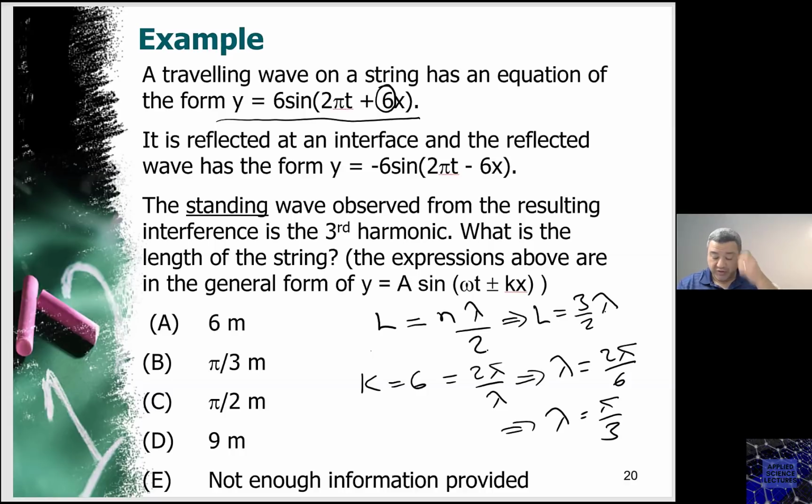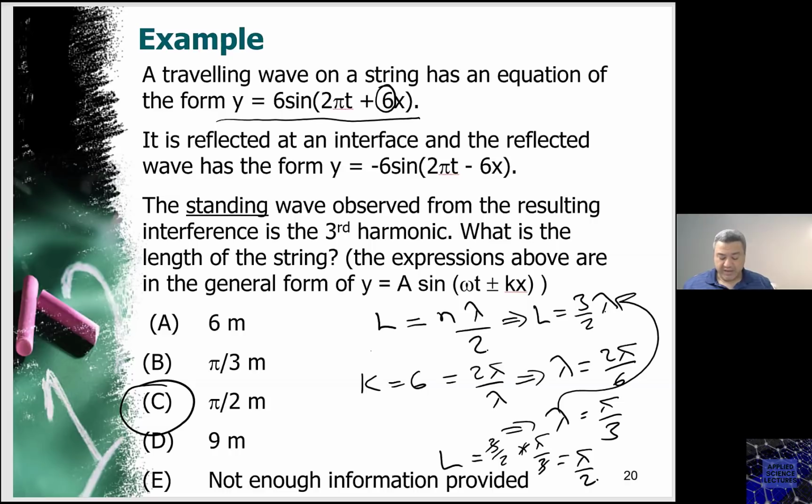So if I substitute lambda here, then I have L equals 3 over 2 times pi over 3, and the answer is pi over 2. So the answer is C, pi over 2.